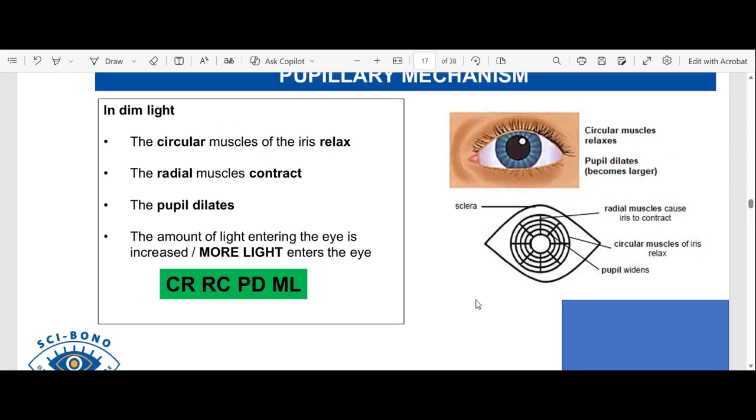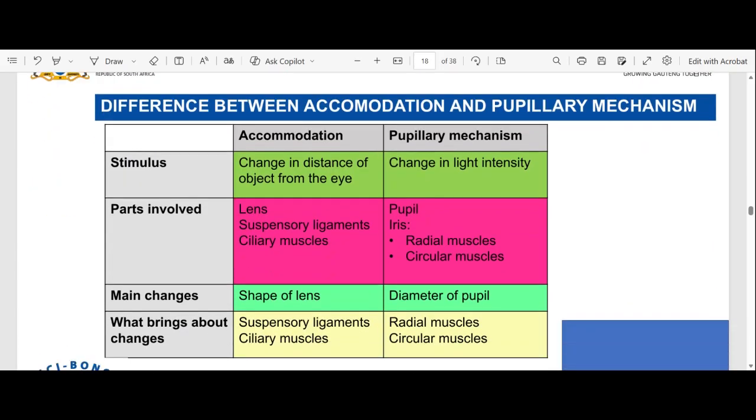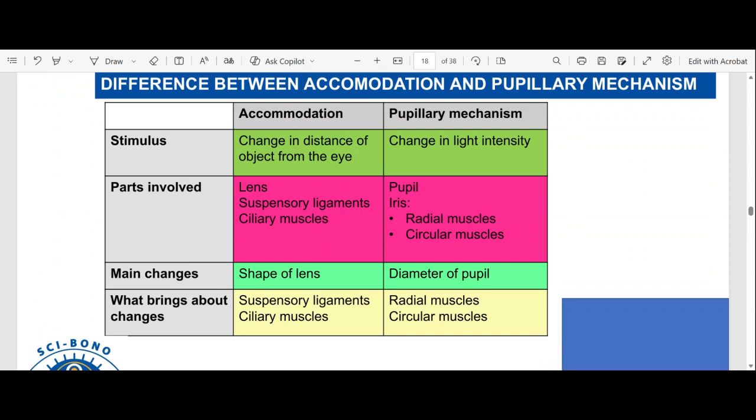So it's easy to memorize these processes, especially the pupillary mechanism. It's much easier compared to accommodation because accommodation has a lot of points. But both processes are easy, right? Let's just continue. Now let's focus on the differences between accommodation and pupillary mechanism.